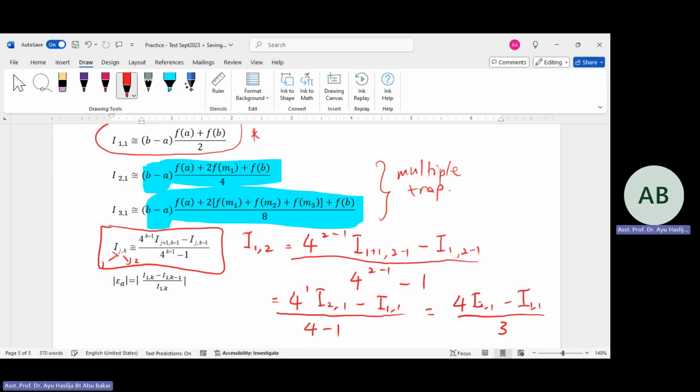That's how you use the Romberg equation. So if I want I13, replace J and K with 1, 3.